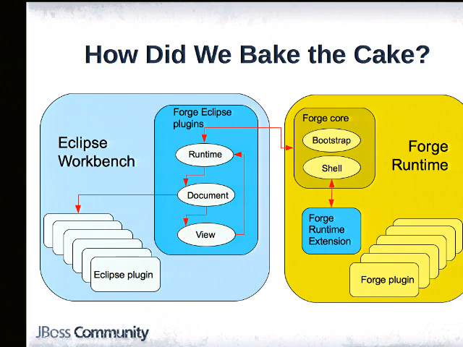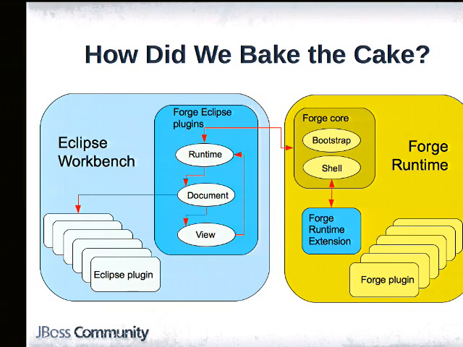The Forge runtime is just launched as an Eclipse Java launch, and the input and output streams that this Java launch provides are used to provide the feedback in the Forge console view.